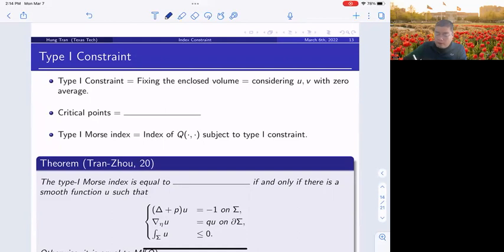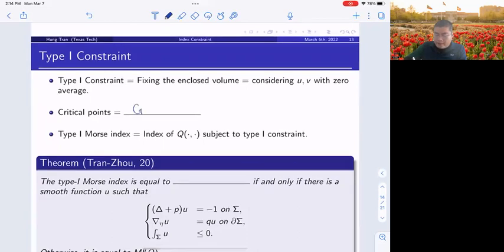So again, the critical points here are exactly the capillary surfaces that we established earlier, and the type 1 Morse index is the index of this symmetric bilinear form Q subject to the type 1 constraint.